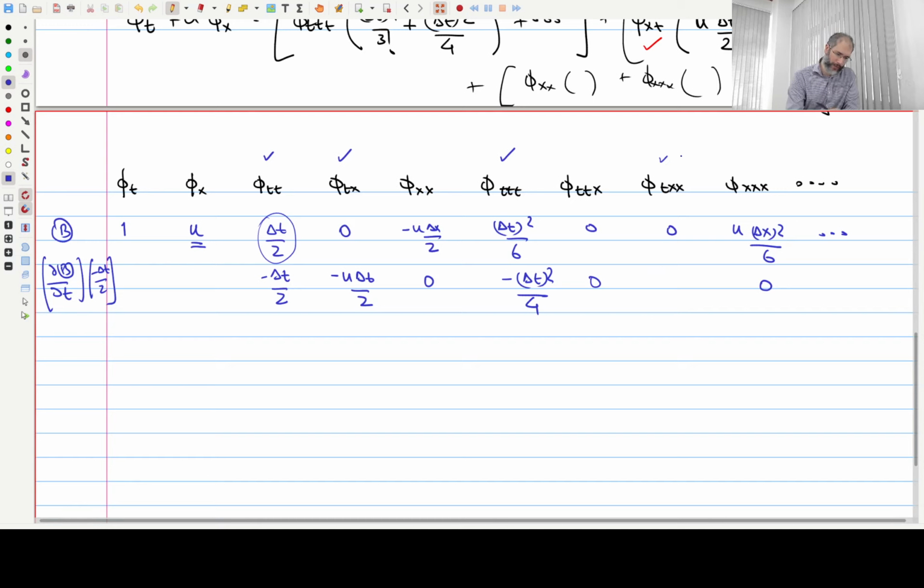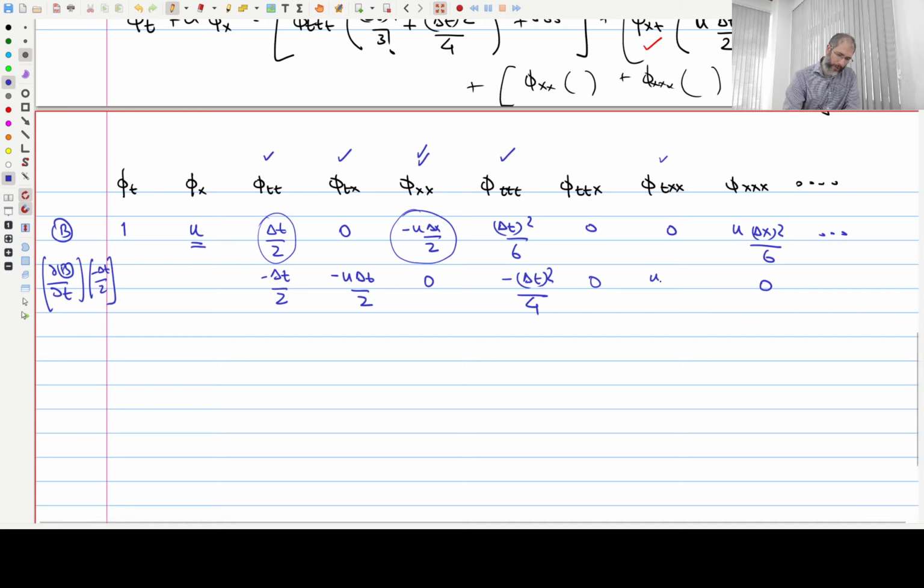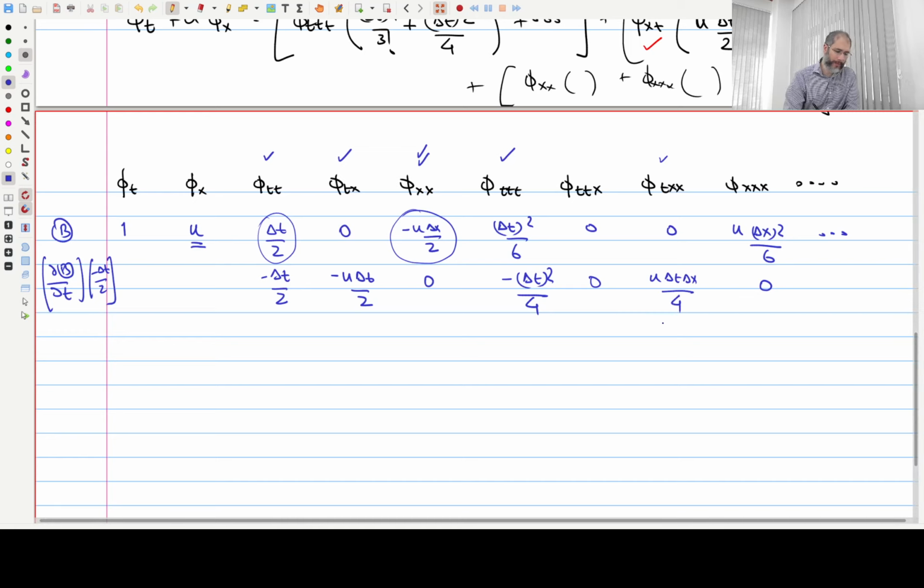Phi xx was there, this one. If you take a derivative of this with respect to time, you get a phi txx or phi xxt, whatever. The coefficient of that is going to be minus u delta x by 2 times minus delta t by 2. It becomes a plus u delta t delta x by 4. Clear?